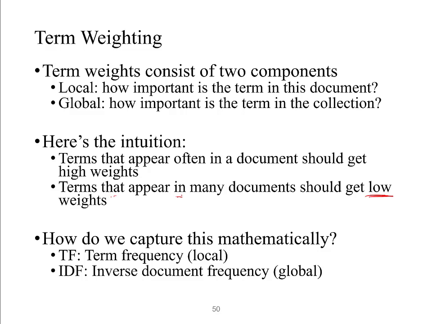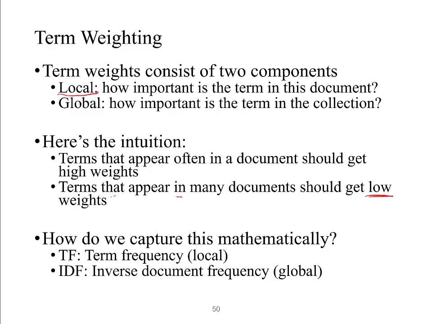So our goal is to find those terms that appear often, or multiple times, in one document, but do not appear across all the documents. So here the term weight consists of two components that correspond to the intuitions.